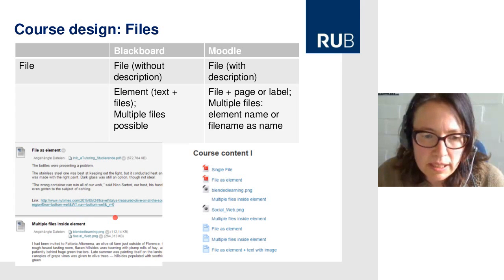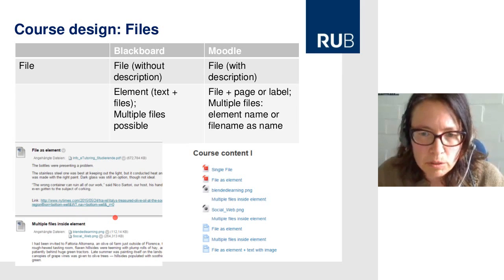One example is files. Files are important because everybody uses files. There is one main difference between Blackboard and Moodle. In Moodle, you only have the file element. It's quite easy. In Blackboard, it's a little bit more complicated.